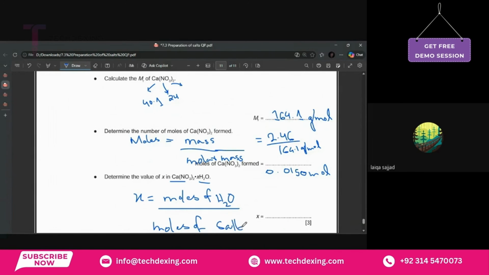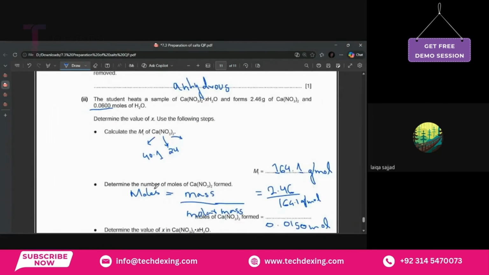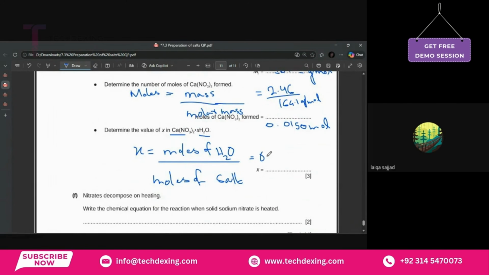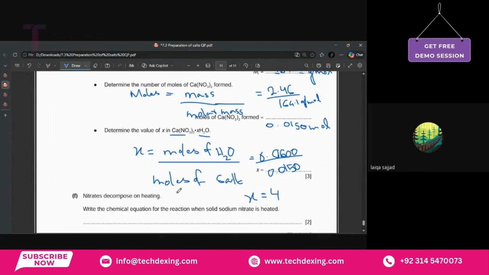The moles of water were already given in the question, 0.0600, and we calculated the moles of salt and they were 0.0150, and when we divide them, we get x equals 4.